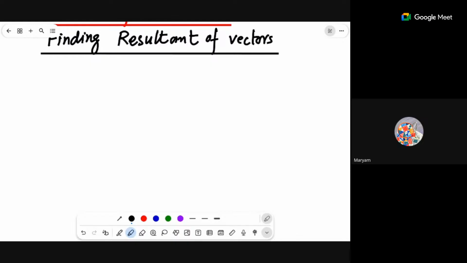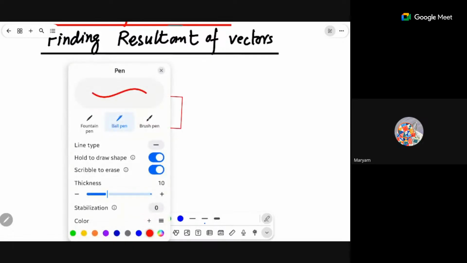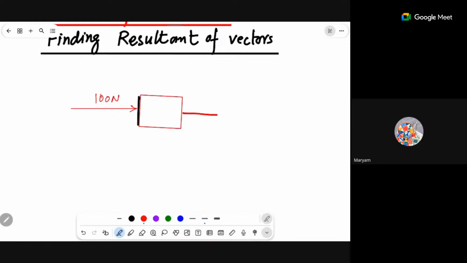Impact means, let's say, I have a box here, and that box is under forces. This is one force, let's say 100 Newton, and there is another force of 20 Newton in this direction. So what will be the impact of these two forces? Isn't it the additional impact, like a sum?